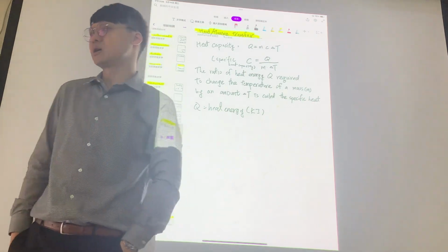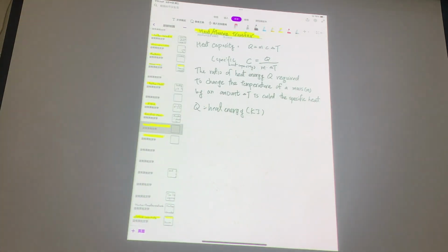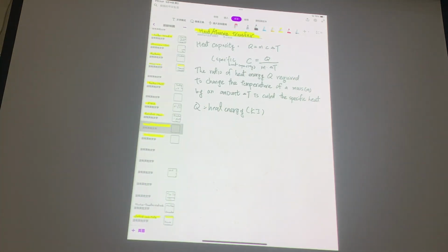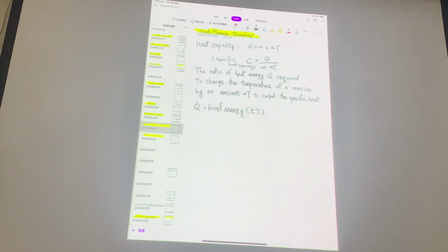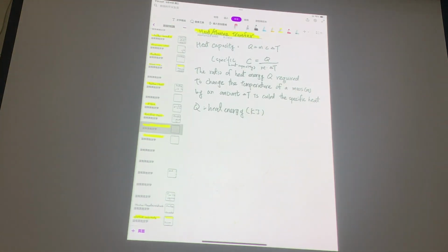For those doing heat transfer or heat measurements, this is something you should remember by heart. This is your language. I'm not doing this, but you should be more familiar than I am. So you should copy this down as well if you're doing heat or thermal transfer.